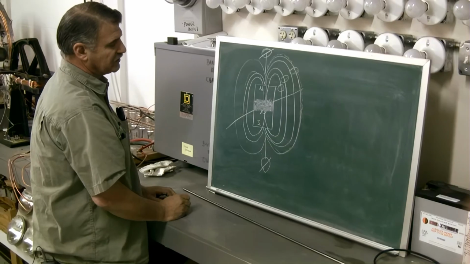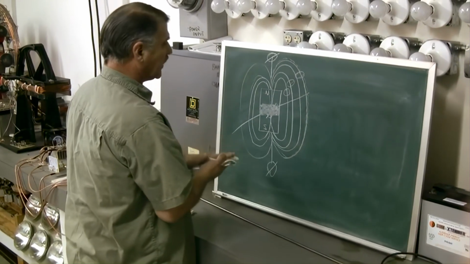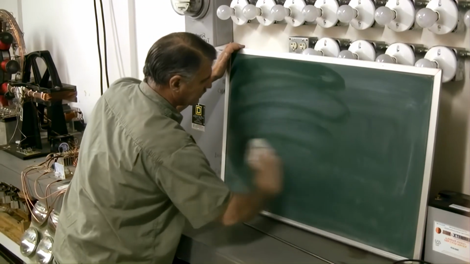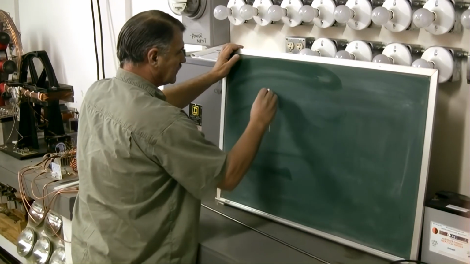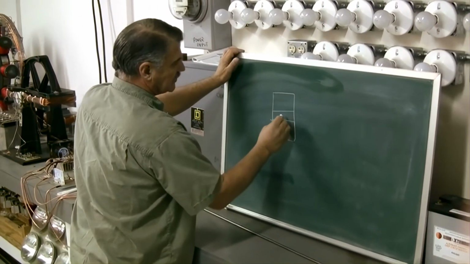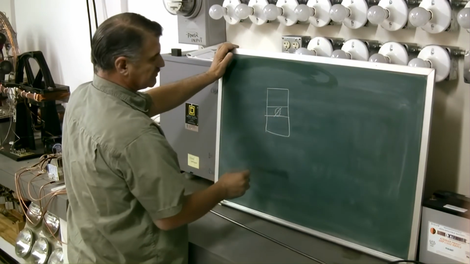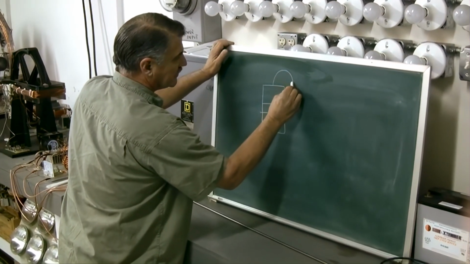So basically, this is just the way I visualize the magnetics taking place. We have the Bloch wall. This is the absence of everything, zero. And we actually have this.